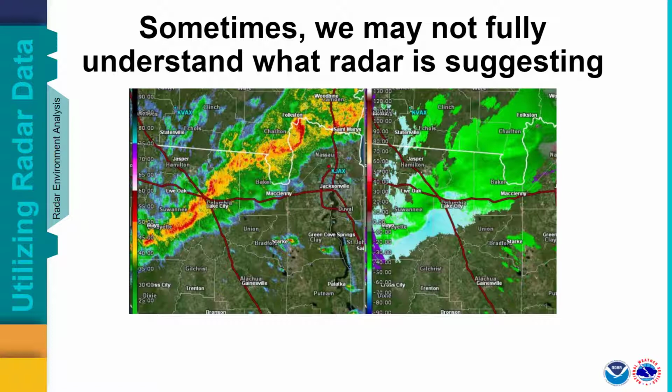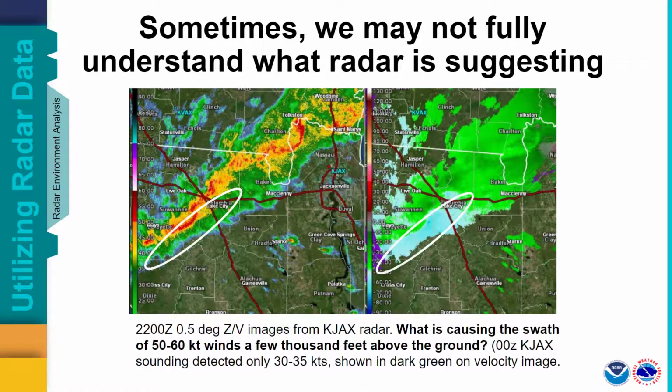There are times when we may not fully understand what radar is showing, or its implications to storm or hazard evolution. Here we see a squall line with a mesovortex developing in northern Florida. On the base velocity image, we see a swath of 50 to 60 knot winds in blue ahead of the line, rather than just behind it.